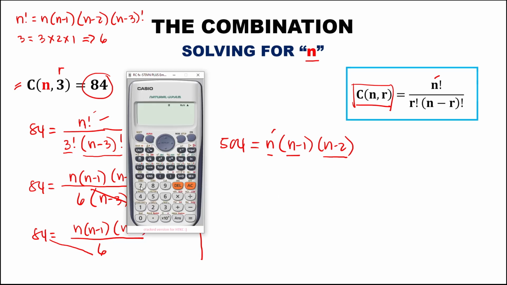If we have 7 times 6 times 5, that's 210. Then if we try 8 times 7 times 6, that's 336. Or 9 times 8 times 7, that's 504.